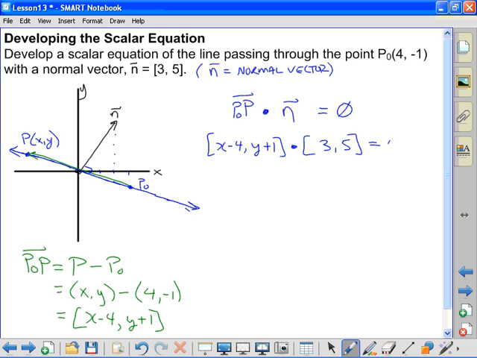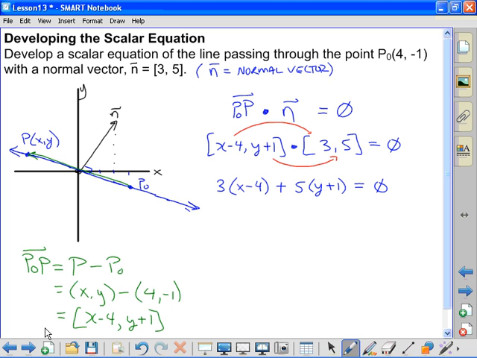That's equal to 0. How do you do the dot product when there are algebraic terms? The same way you would have done multiplication before. We're just using our distributive law. The x terms get multiplied together, and the y terms get multiplied together. So we end up with 3 multiplying x minus 4, plus 5 multiplying y plus 1, equals 0.